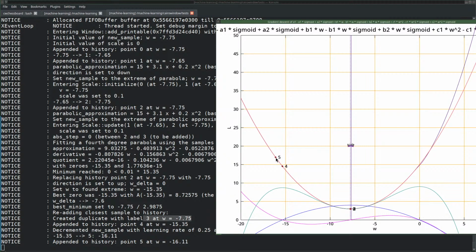And then we add 5, which is simply in the same direction using the learning rate times the derivative.